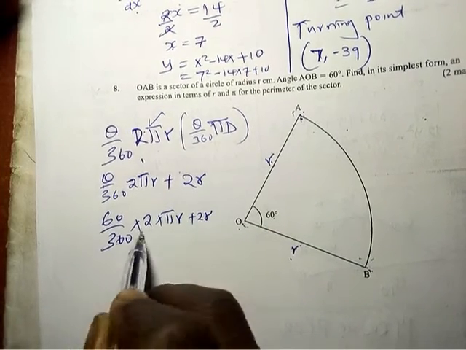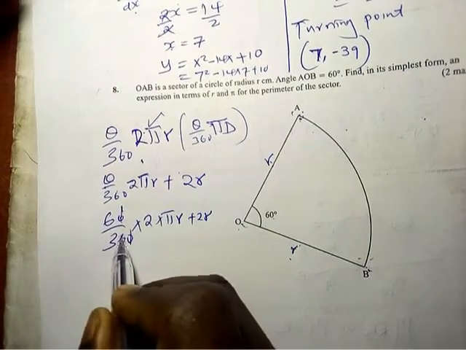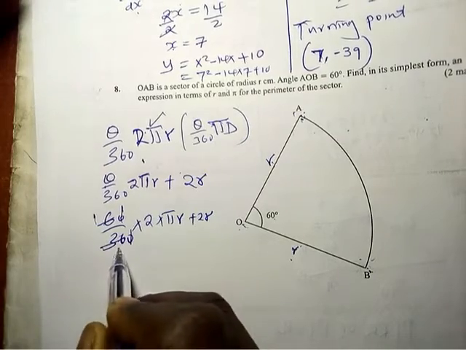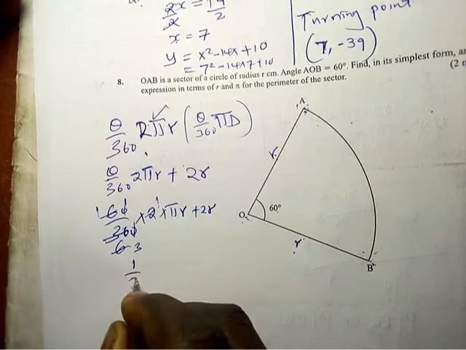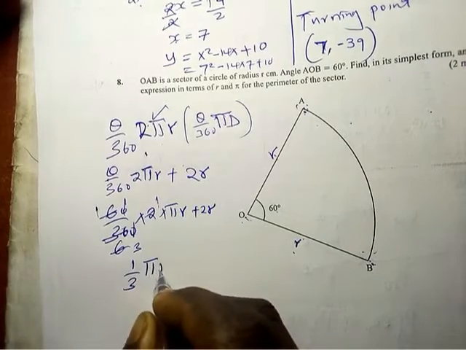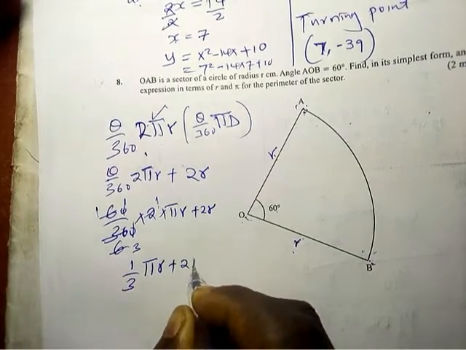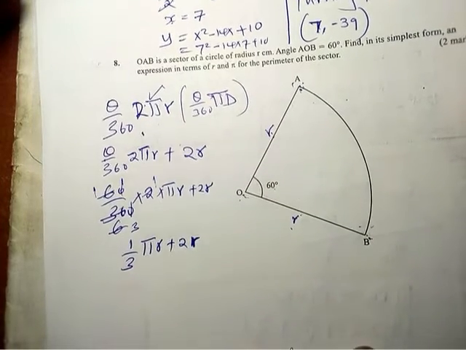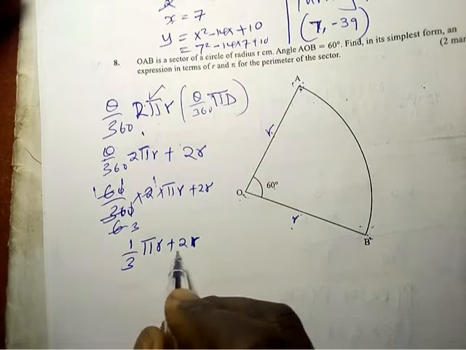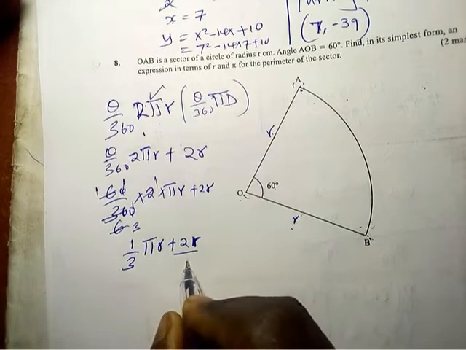Very good. So this one and this one, hii inaenda mara moja hapa, inaenda hapa mara 6. Inaenda mara moja hapa, inaenda mara 3. So we have 1 over 3 pi r plus 2r. Very nice. We can remove this one, divide by 1.